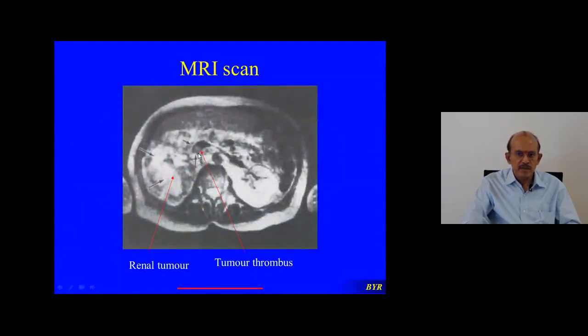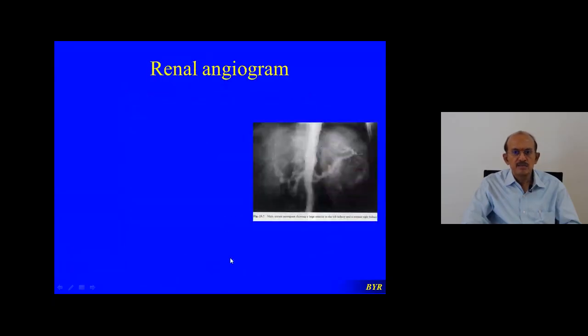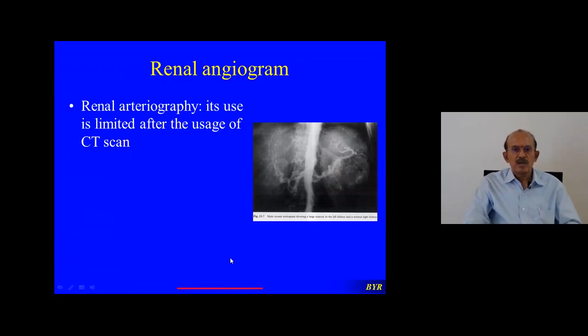You can see here the tumor thrombus in the renal vein, and there is a mass in the kidney. Renal angiogram, its use is limited after the usage of CT scan. Before the CT scan, renal arteriography used to be done to delineate the mass. But now CT itself is sufficient to evaluate the mass and its vascularity.